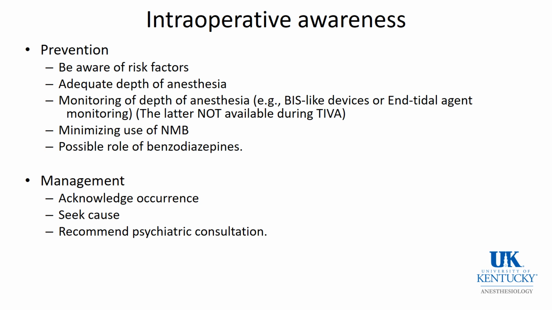And we had not long ago a patient who had recall during TIVA. Minimize use of neuromuscular blockade agent. Some suggest prophylactic benzodiazepine. This is a crutch. I think experts don't recommend using this as an excuse for all these other methods, but perhaps when in doubt, it might be useful. Of course, it's really bad for old people.